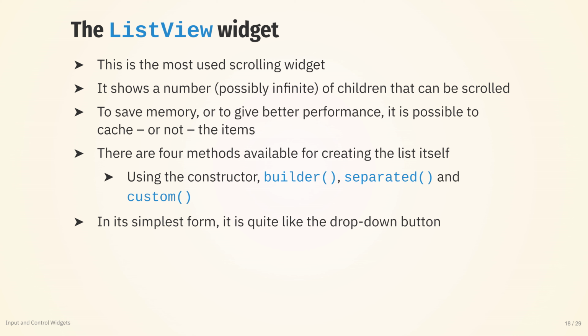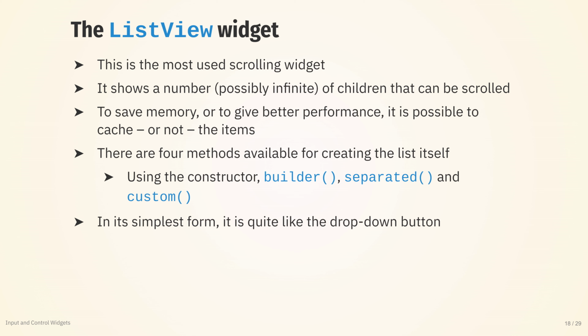And this makes it possible for us to scroll through a number of options instead of seeing all of them at once. And we can set a number of things to this, like caching or not, and it could possibly be infinite, and we can build an infinite list and so on.